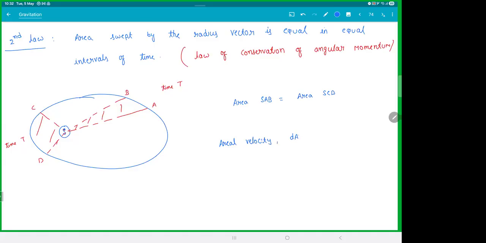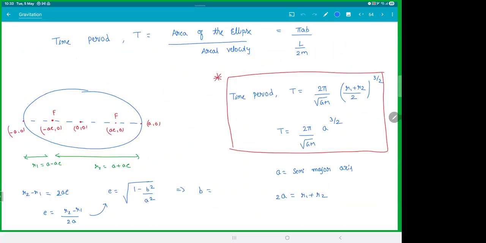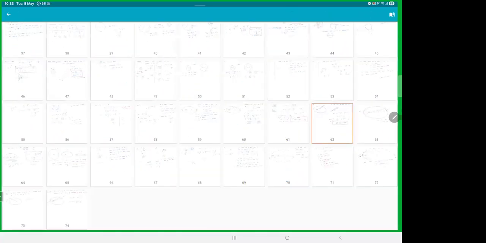The areal velocity dA by dt is L by 2m. You can just put the mod. We derived this on page 62.